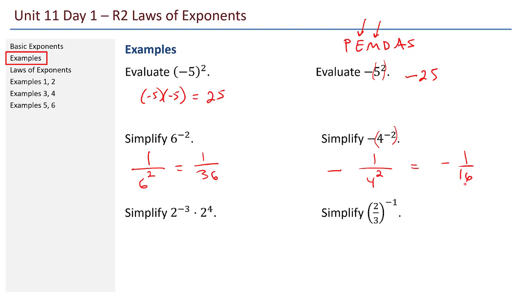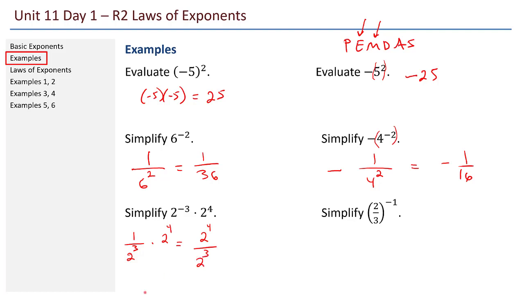All right, how about this next one? 2 to the negative 3 times 2 to the 4. Well, 2 to the negative 3 is 1 over 2 cubed, and 2 to the 4 is just 2 to the 4. Now I can multiply those two fractions together and get 2 to the 4 over 2 cubed.